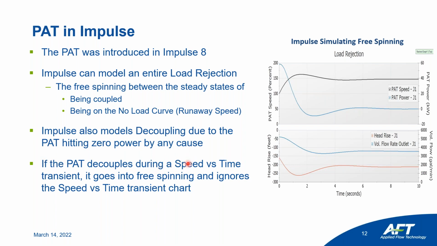And that applies even if you have a speed versus time transient in there. It will, during that speed versus time transient, realize it hit zero power, and it will ignore the speed versus time transient that you have set because the PAT is no longer coupled. It is now free spinning and just fully affected only by the flow.